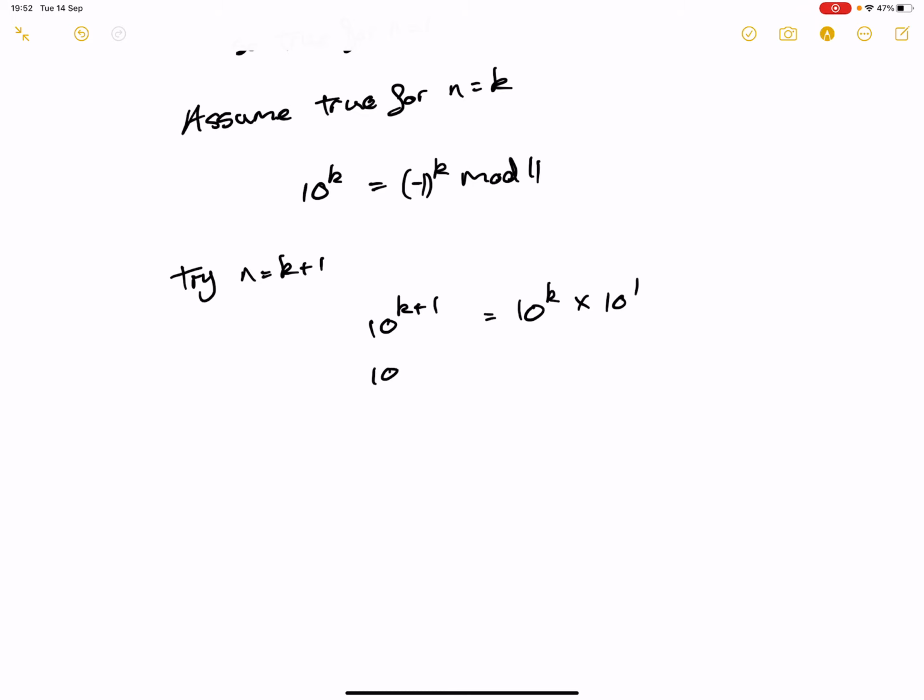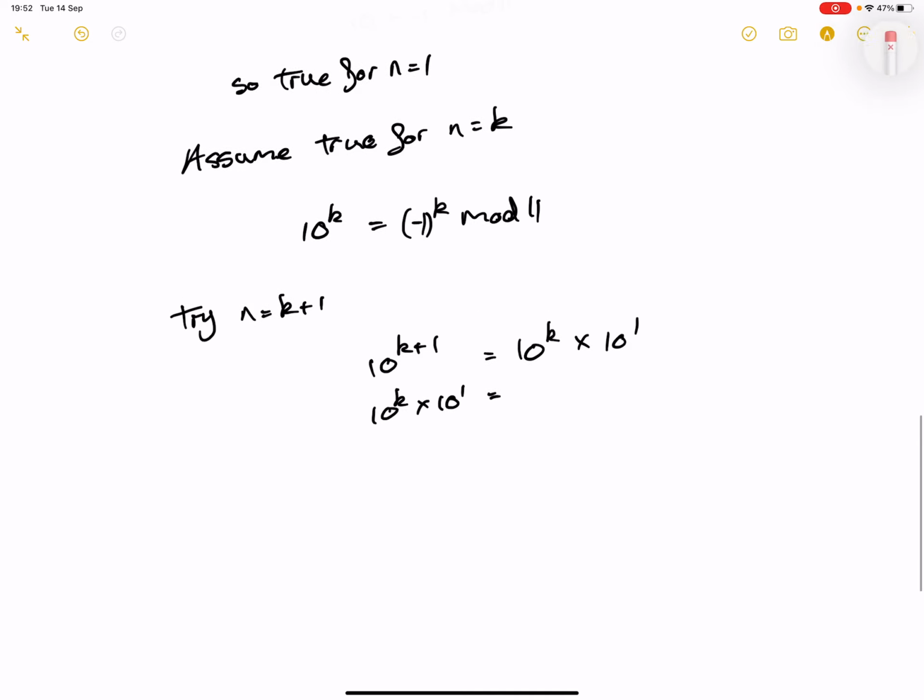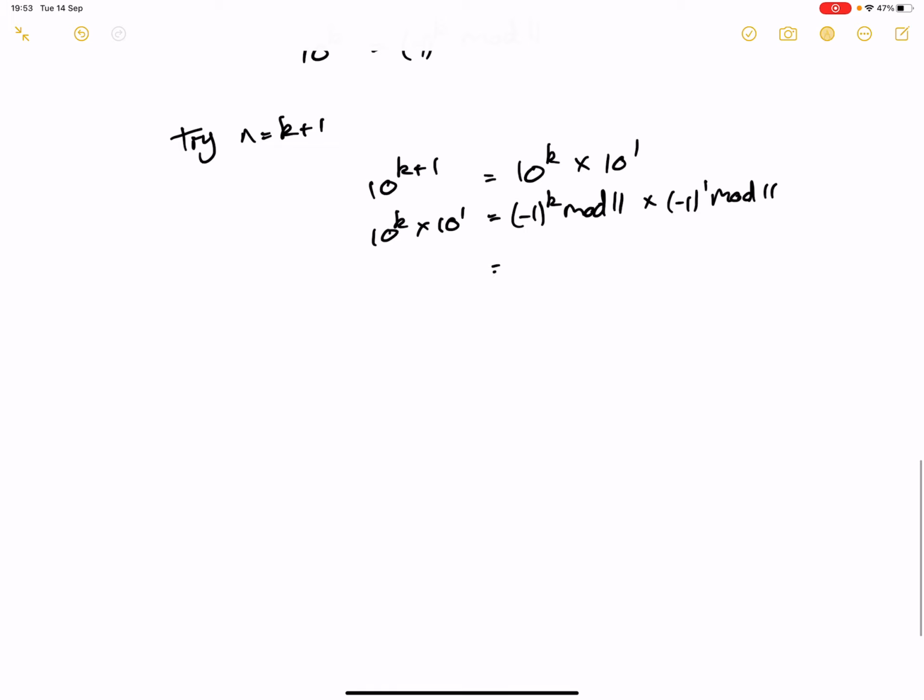And 10 to the k times 10 to the 1 is equal to, from our expression up here, minus 1 to the k mod 11 times minus 1 to the 1 mod 11, so 10 to the k plus 1 is equal to minus 1 to the k plus 1 mod 11.